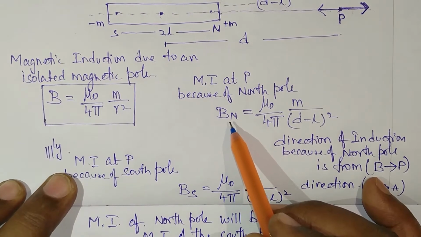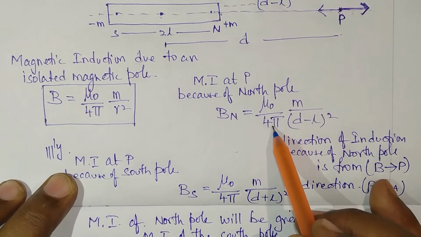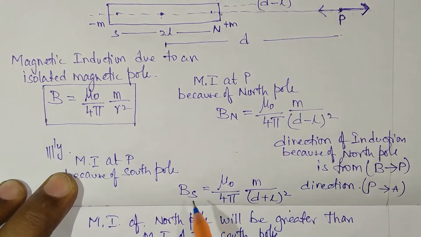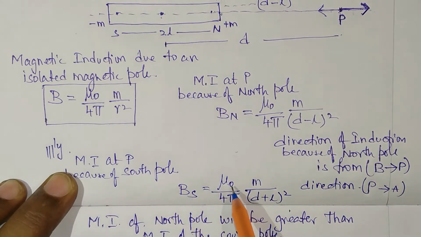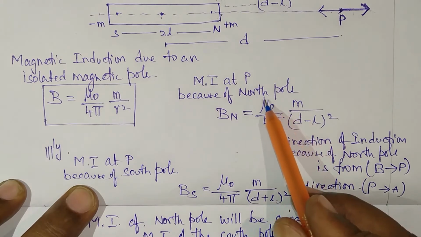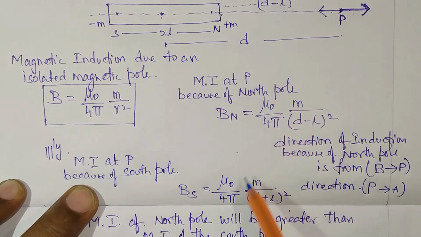Or mathematically also I can tell it this way. You see the magnetic induction formula: Bn is mu naught by 4 pi, m by d minus L whole square. Here Bs, the magnetic field due to the south pole, is mu naught by 4 pi, m by d plus L whole square. All these variables are constants here.